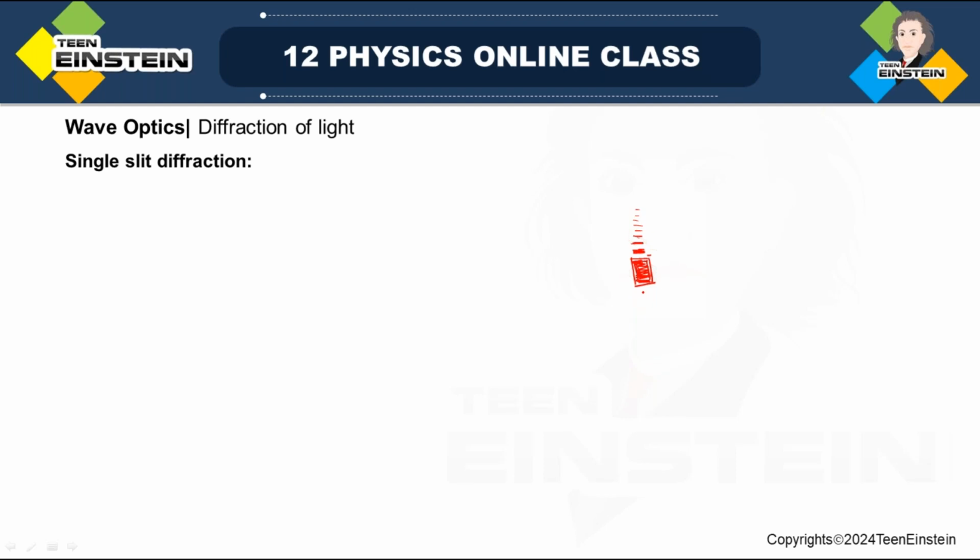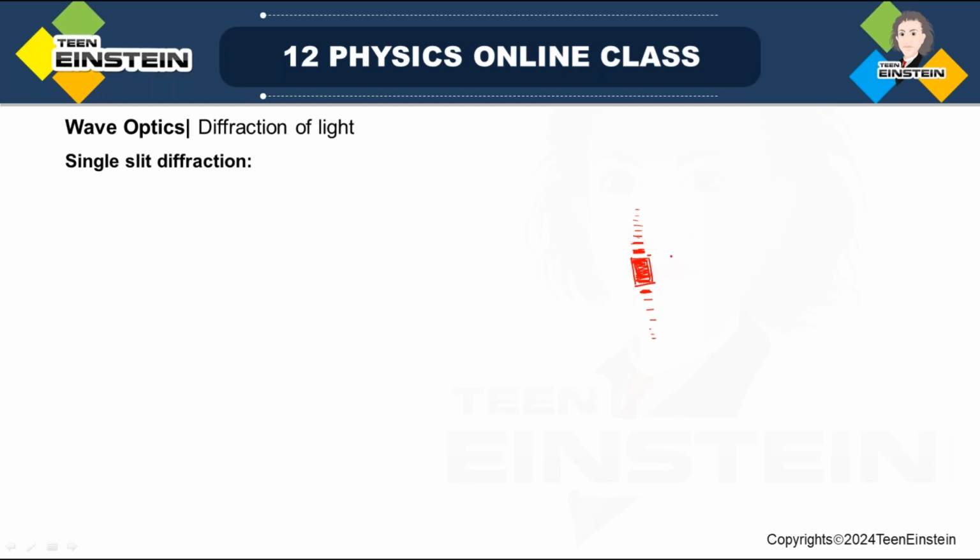On the other side also, you'll see a bright region, then dark alternatively, then another bright, then some faint light. So you will see alternate bright and dark on either side of the central bright region.